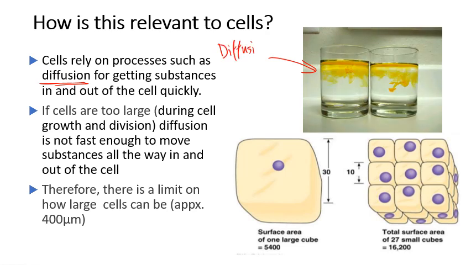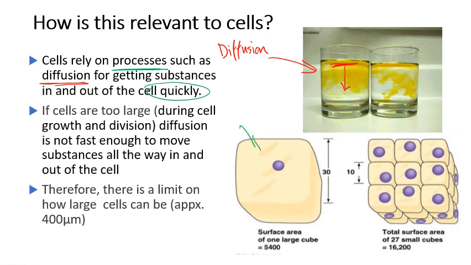And diffusion just means when a chemical that's dissolved in another, so in this case it's a yellow dye dissolved in the water, spreads out through the liquid from an area of high concentration, where it started at the top, and then it spreads out evenly to areas of lower concentration. And we'll learn more about diffusion later, but essentially it's how cells get their nutrients in and they get their waste out. Because cells rely on those processes for getting substances in and out really quickly.